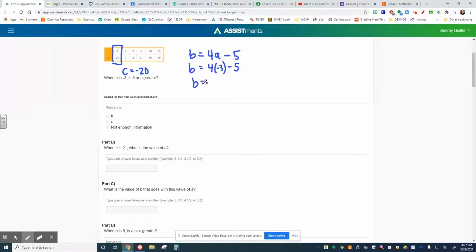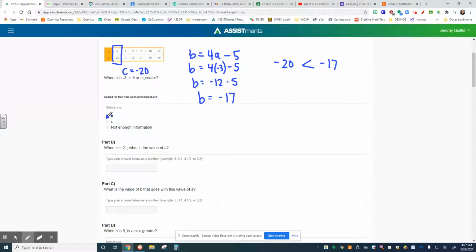And b is equal to negative 12 minus 5, which makes b equal to negative 17. And then when I compare these two, negative 20 to negative 17, I have to remember that on a number line, negative 17 is closer to 0 than negative 20. That makes negative 17 the answer for which one is greater. So that means b is my greater value.